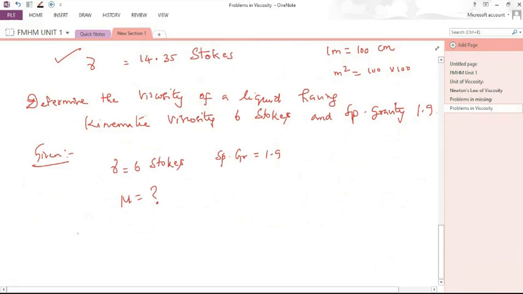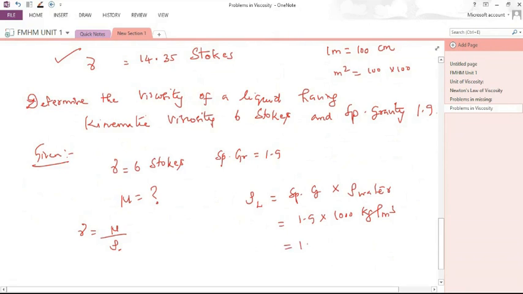We already know the formula for kinematic viscosity is dynamic viscosity by rho. First of all, we should know the value of rho. How can you find the density of a certain liquid? It is the specific gravity of the liquid multiplied by the density of water. The specific gravity is 1.9, and water density is 1000 kilogram per meter cube.